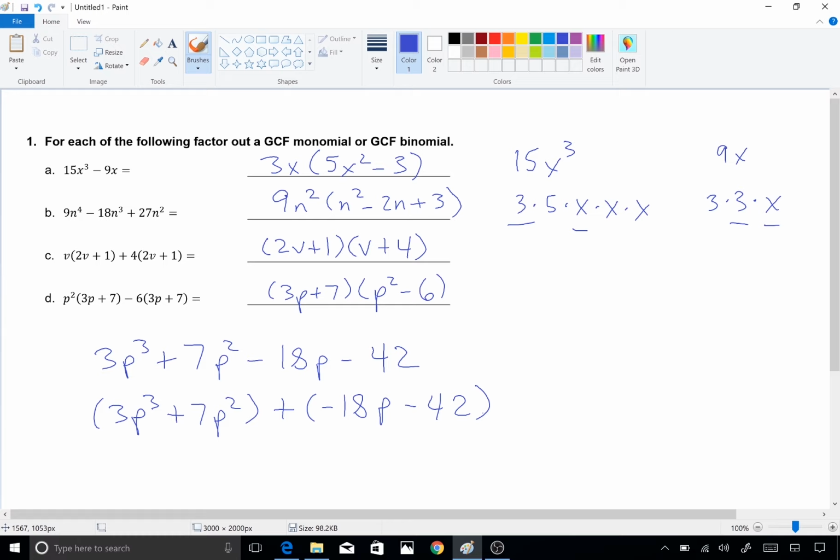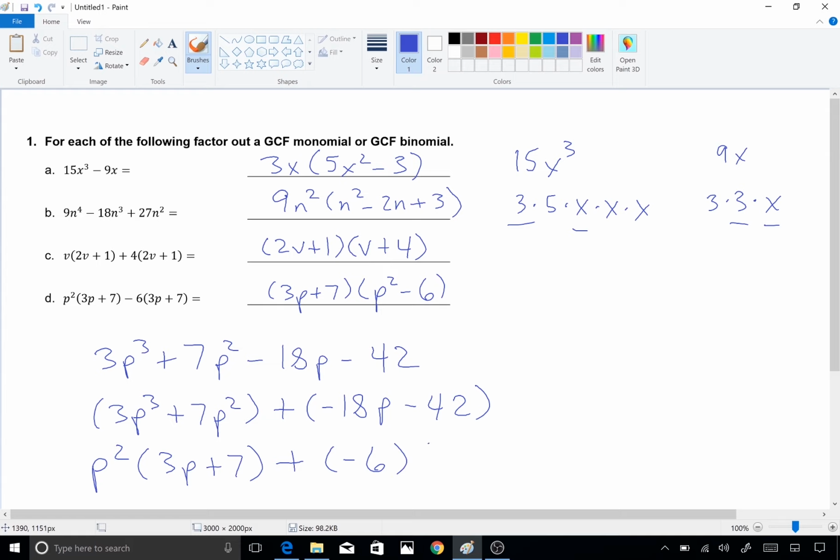If I look at the terms in this first parenthesis, the greatest common factor is going to be p squared. Over here, the greatest common factor of negative 18 and negative 42 is negative 6.